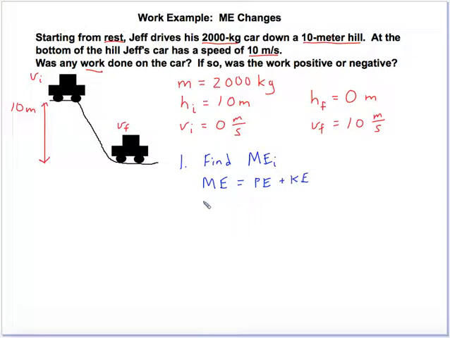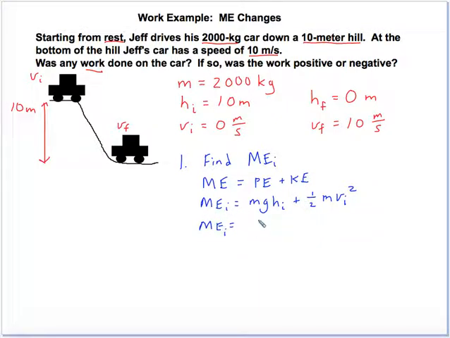So at the top, the initial mechanical energy is the potential energy, which is mg h initial, the first height, plus the kinetic energy, which is 1/2 mass times the initial speed squared. So that's just plugging in the formula. Potential energy is mgh, kinetic energy is 1/2 mv squared.